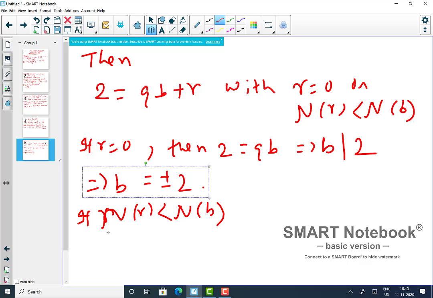And if R has norm less than that, then R has to be either 0 or a unit. For R not equal to 0, R has to be plus or minus 1. If R equal to plus or minus 1, then you see B divides either 3 or 1.